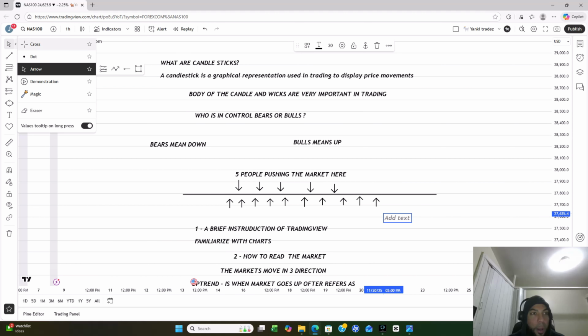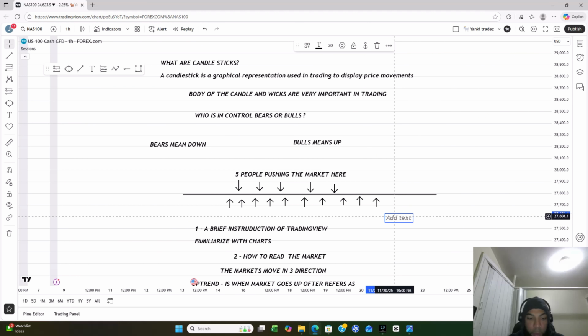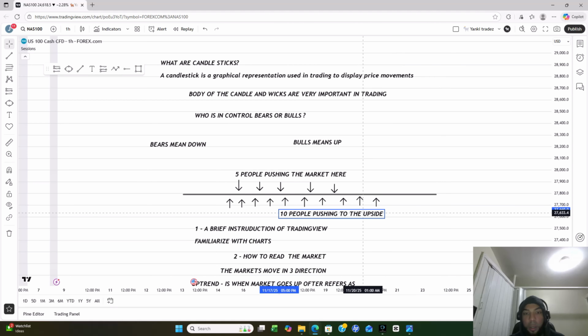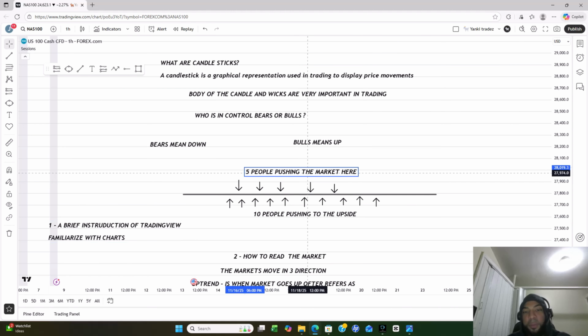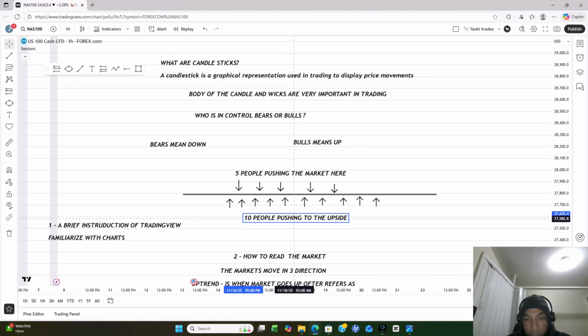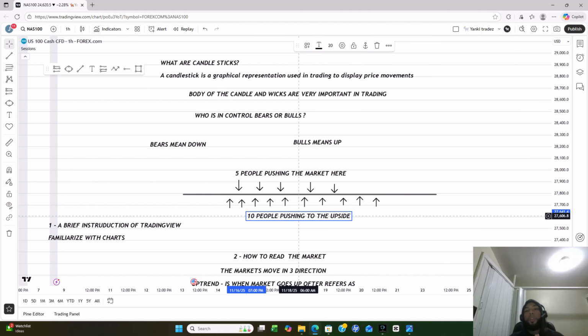Give me one second, I'm not used to that arrow, sorry. 10 people pushing to the upside. So if there's 5 people pushing to the downside, and there's 10 people pushing to the upside, who do you think is gonna win?